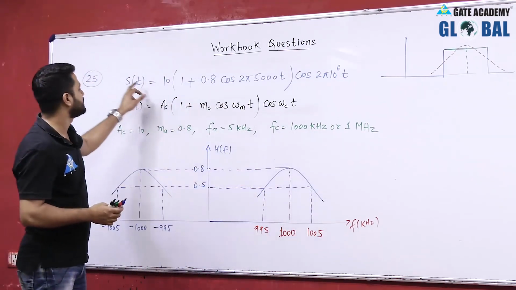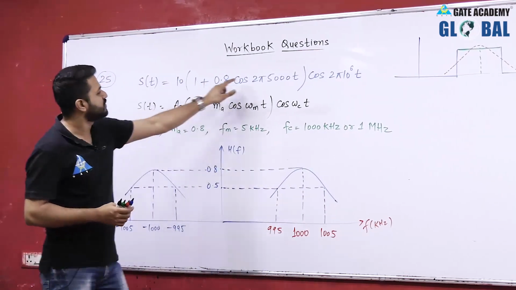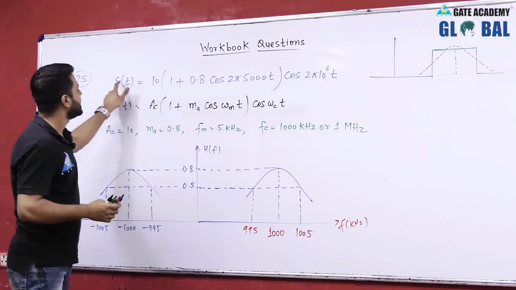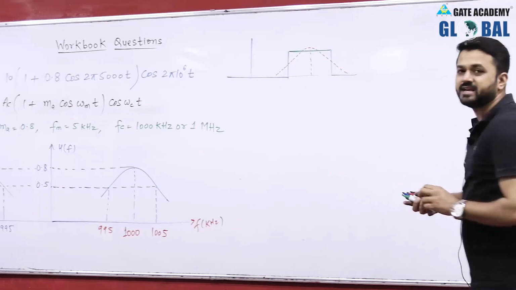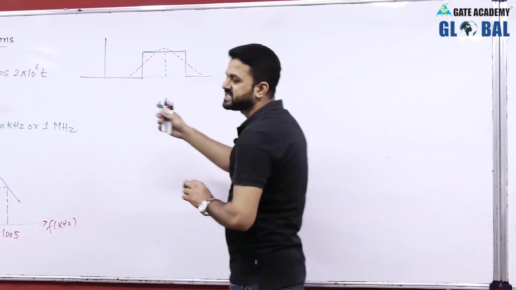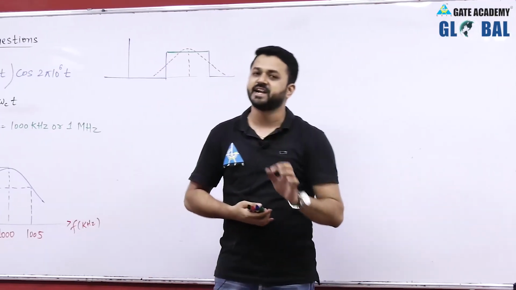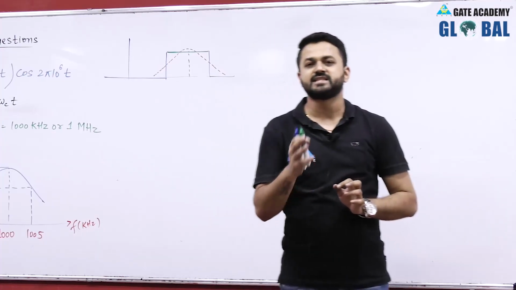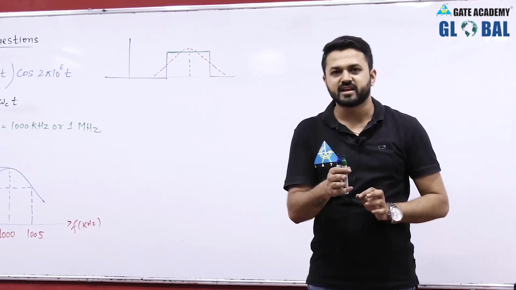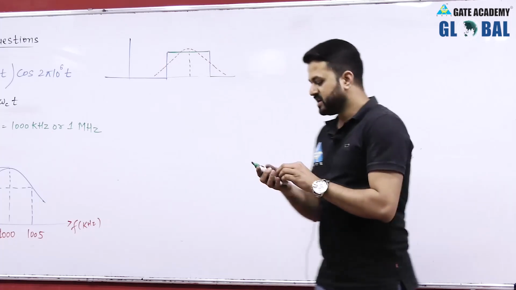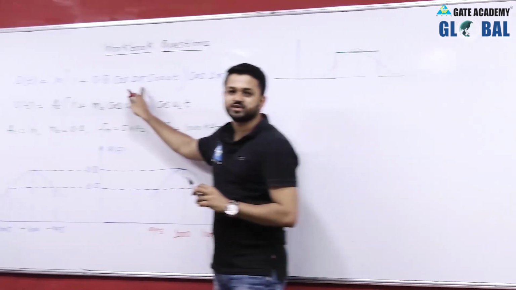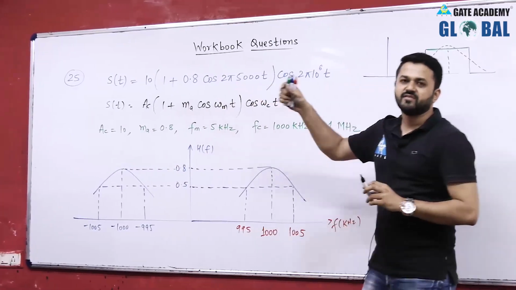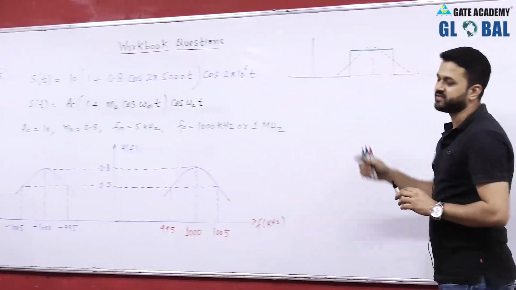So first of all we have to see what frequency components are present in this AM signal. Because this is the standard form of AM signal, it will have a carrier component and two sidebands, and since the message signals are sinusoidal in nature, we will get impulses at these frequencies.